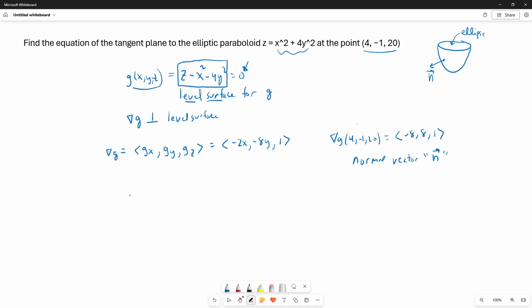And so then you have a point on the plane. The point is (x0, y0, z0).